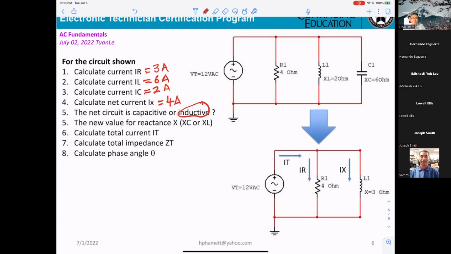Okay, number 5. What is I equal? Three ohms.